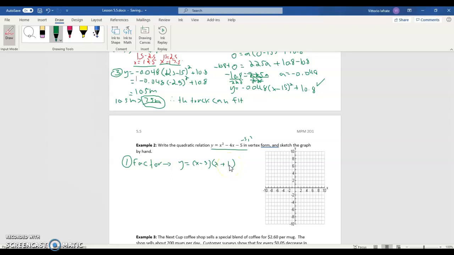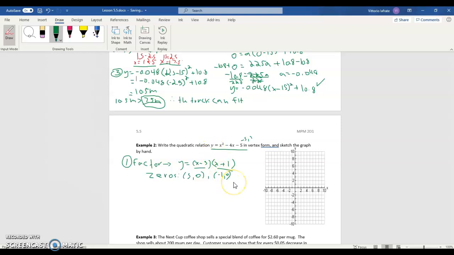So now what we've found is our zeros. Remember that for the zeros you switch the signs. So our zeros from this are 5, 0 and also negative 1, 0. So we found our zeros. Great.